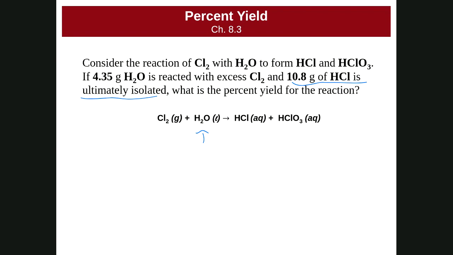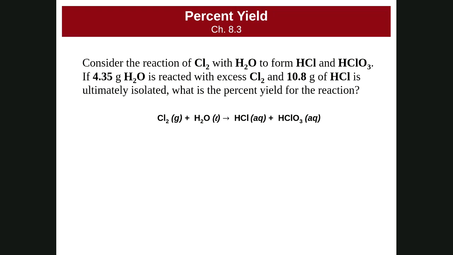So step one is always to balance the equation. So let's see what we've got. What should we balance first? Chlorine shows up in 3 of our reactant and product compounds. Hydrogen shows up in 3 as well. Oxygen only shows up in 1, so I'm going to start with oxygen.